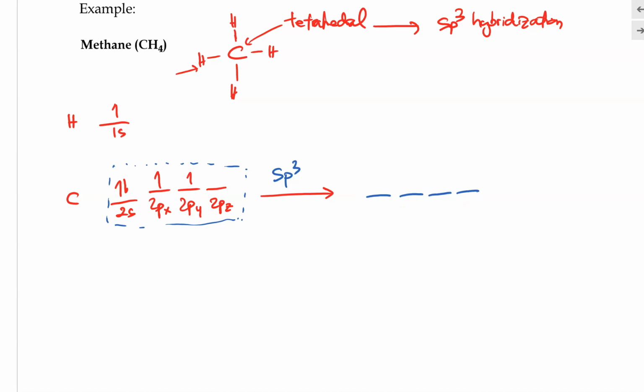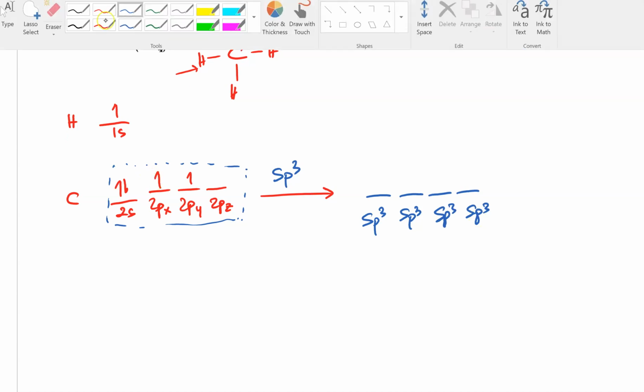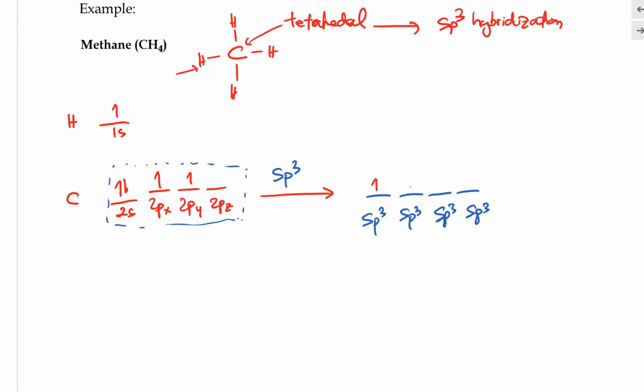These 4 hybrid orbitals have the same amount of energy, so we call them degenerate orbitals, and each of them is sp3. That's how we label them. This carbon has 4 electrons, so the 4 electrons will go into these orbitals, one in each. Now this carbon essentially has 4 orbitals available to form bonds.